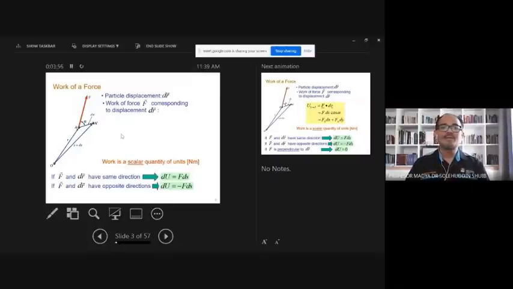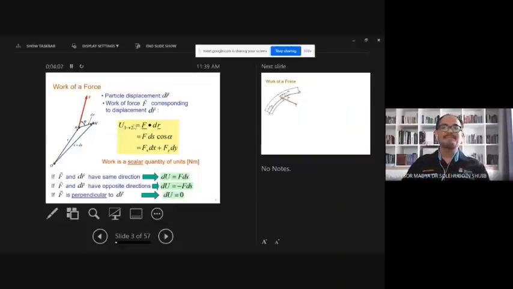U from 1 to 2 is going to be force dot dr, the vector force dot dr. So you get F times ds cosine alpha, equal to Fx dx plus Fy dy. This is the concept of work of the force.